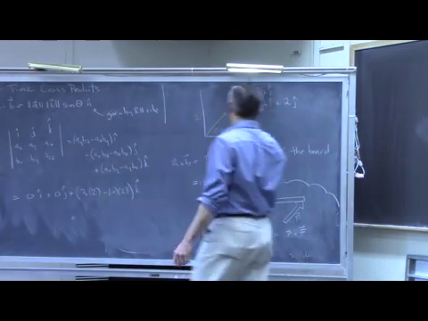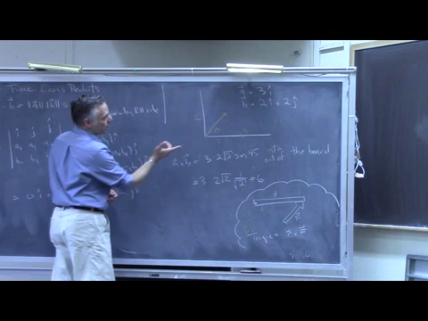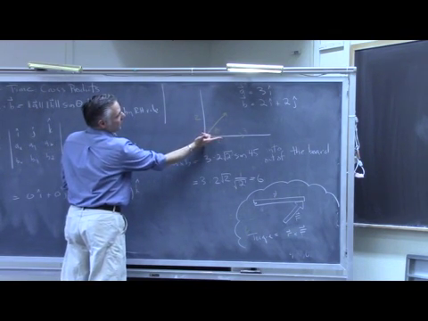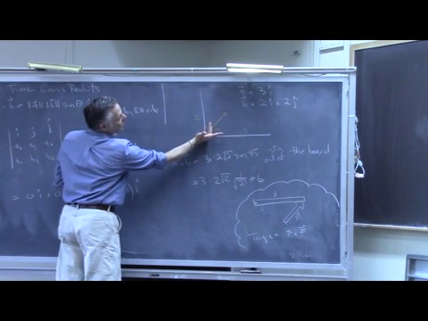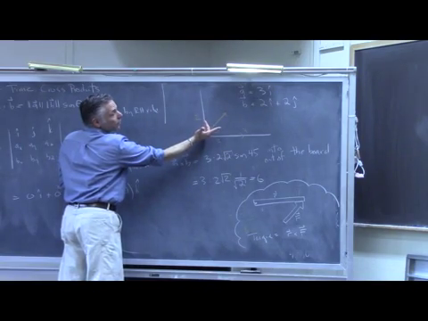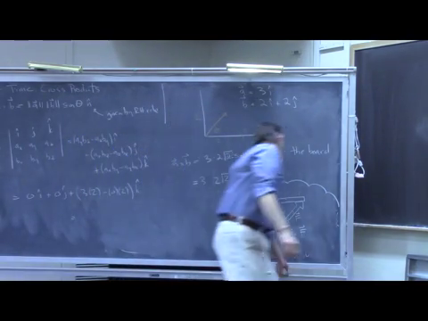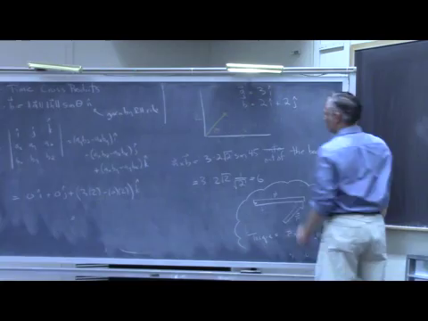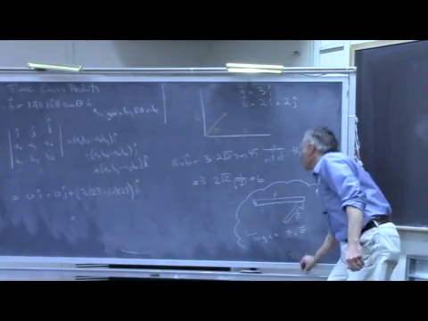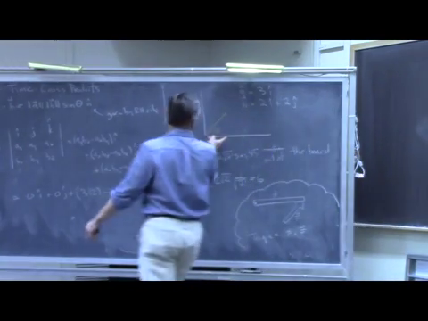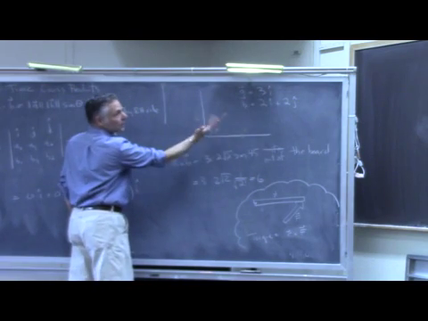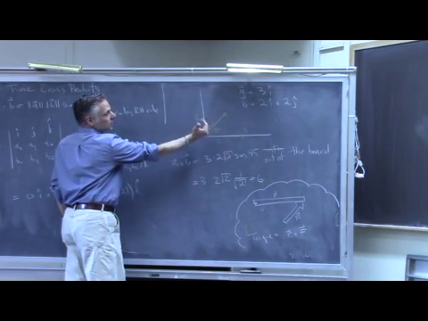A couple ways to think about this. If you put your index finger in the direction of 3, your other finger is in that direction. My thumb is out of the board. So this would be out of the board.